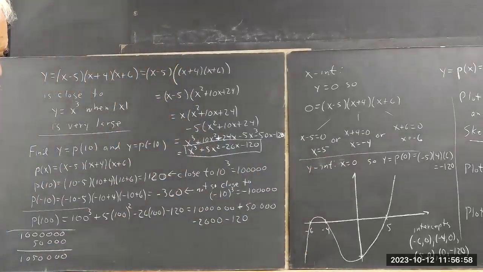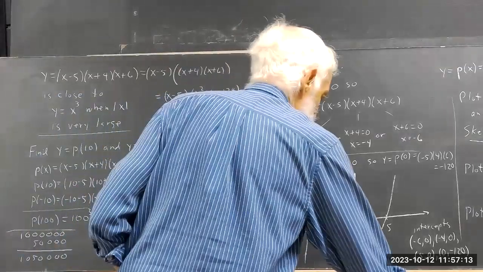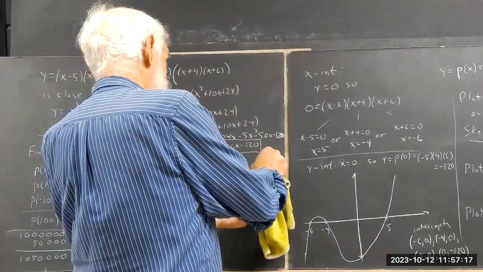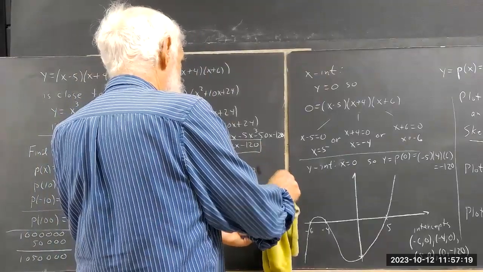I left off a couple of zeros, 10 to the 3rd. Oh, never mind. 10 to the, okay. I swear I got a good night's sleep last night. I was misfiring this morning.